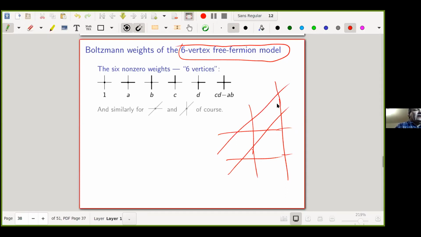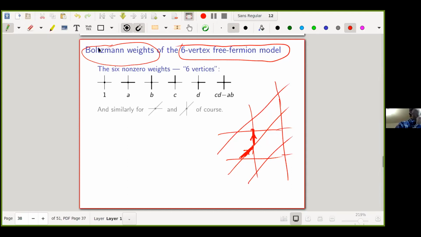Each edge is allowed to be either thin or thick. So, for instance, this can be thick, and if this is thick, it goes here. Some of these also must be thick, and otherwise Boltzmann weights are 0.